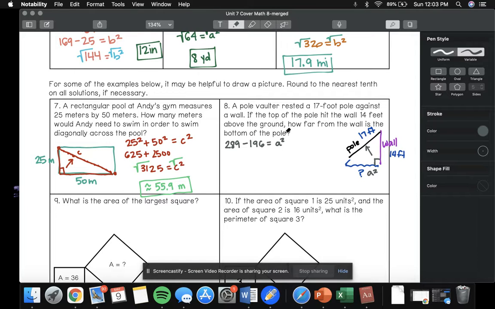So 289 minus 196 is 93, and that's the area of it. So I'm going to undo that by taking the square root. The square root of 93 is 9.6436. So we'll say it is about 9.6 feet from the wall to wherever the pole is.